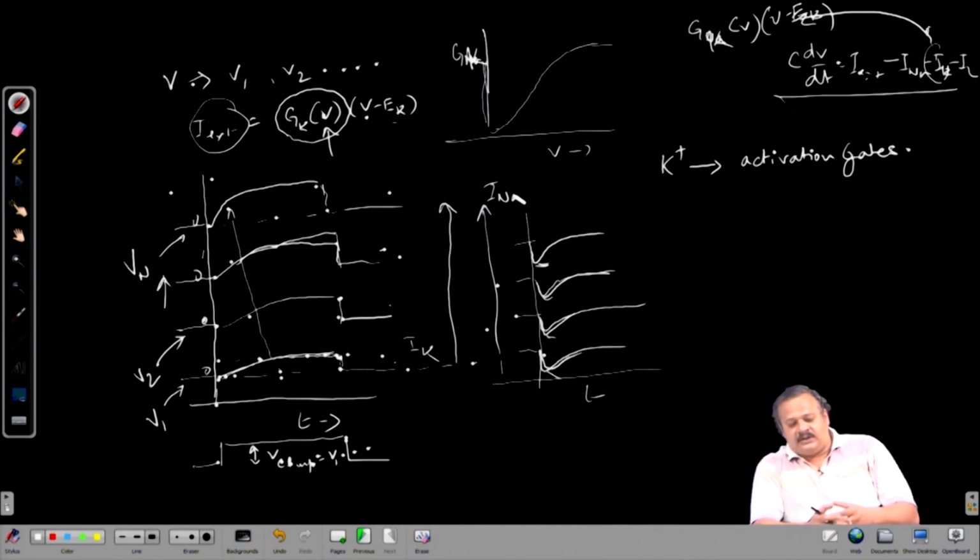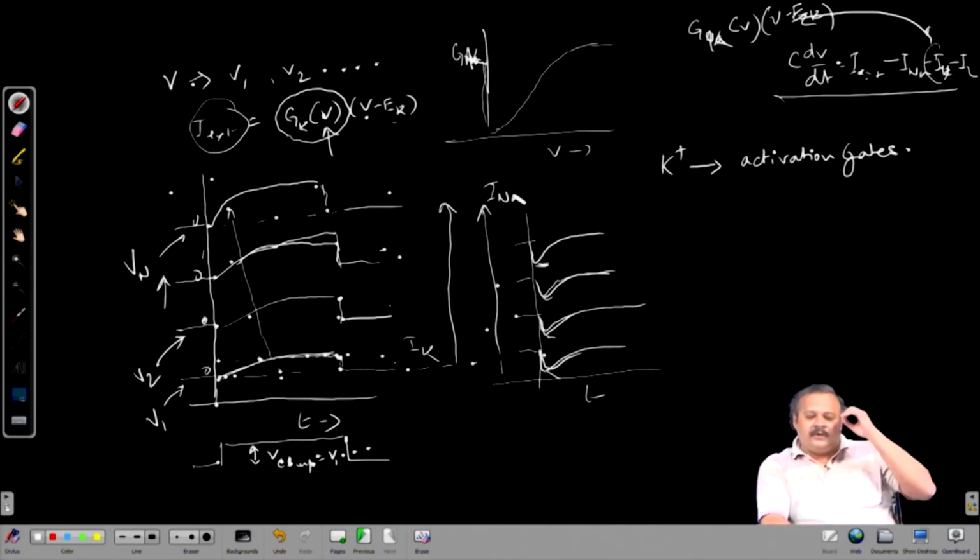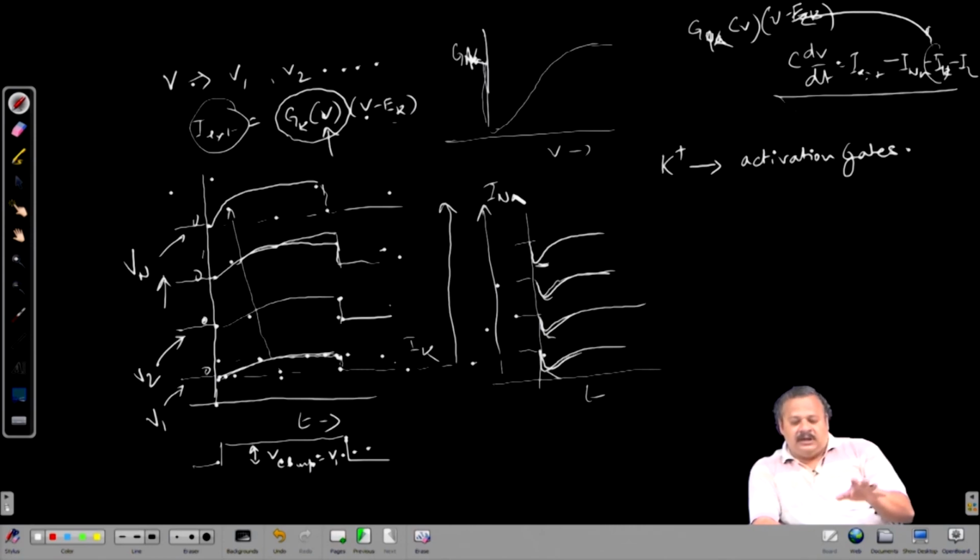The number of gates, or the probability of the potassium ion channels being open, keeps on increasing. We will get into why we said probability in the next lecture, but for now let us think of it in this way, that more and more potassium channels are going to be open as we increase the voltage. On average, more opening of potassium channels as voltage increases.